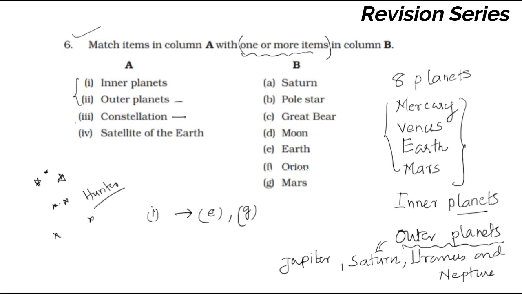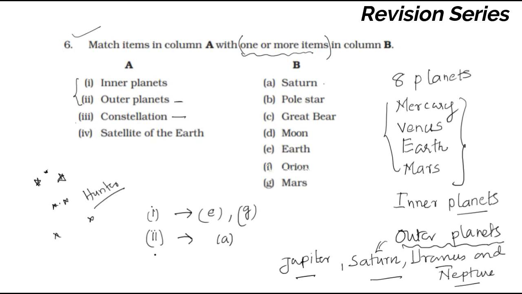So first option is over. Now this is how you have to write in the examination. The second one is outer planet. In the outer planet we have Jupiter, Saturn, Uranus and Neptune, out of which we have only, I think, Saturn. So second option matches with A, right?